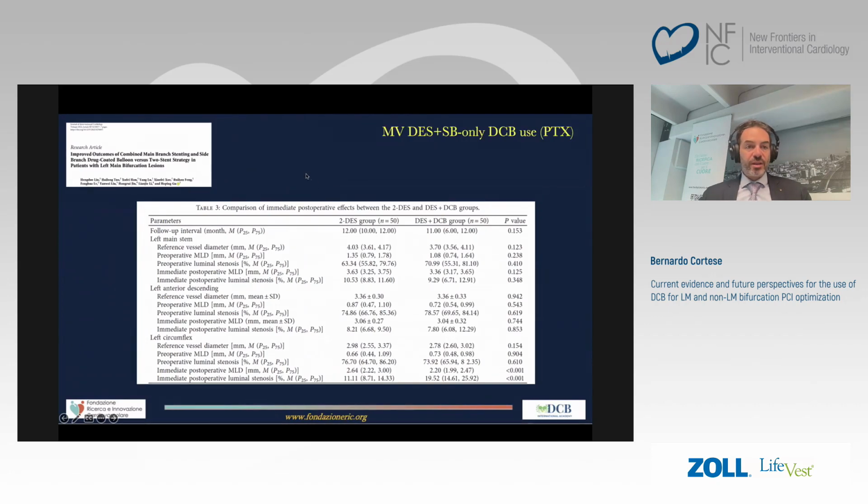And we also have this information from a similar study, which, however, compared a two-stent strategy versus a drug-eluting stent in the main vessel plus a drug-coated balloon in the side branch. Look at the immediate post-operative luminal stenosis, how it is better with stent, which is something that is good for our eyes.